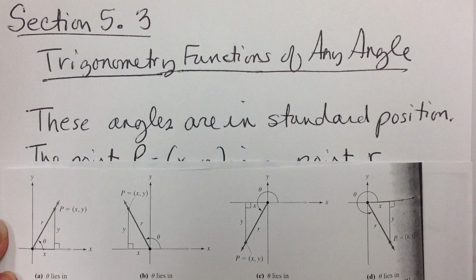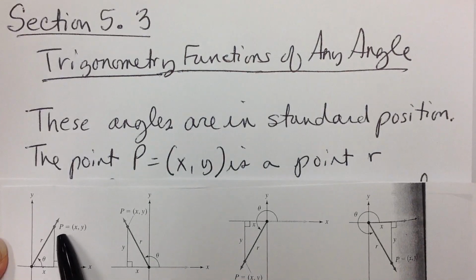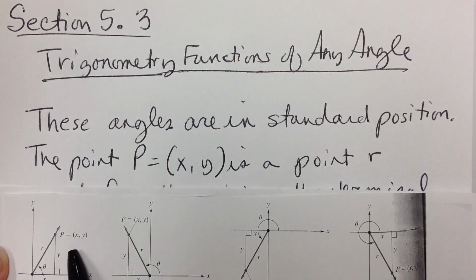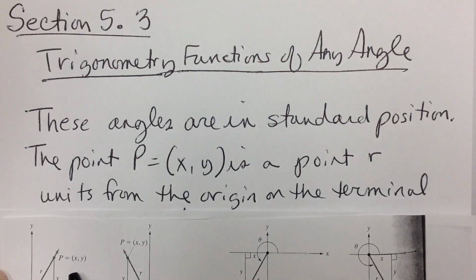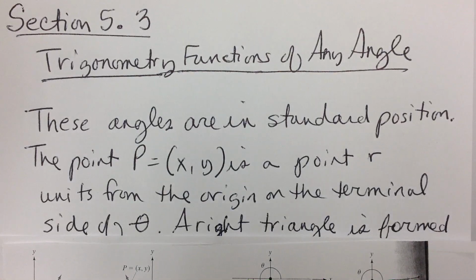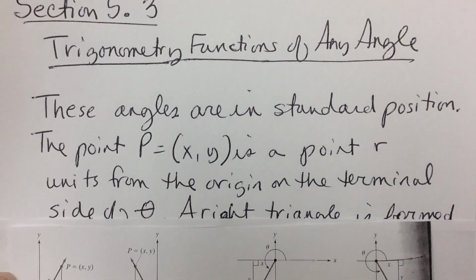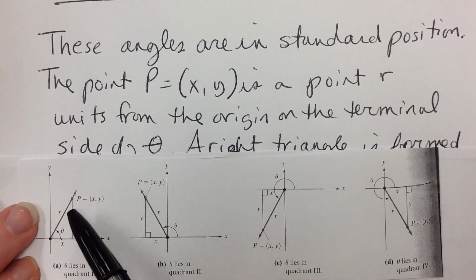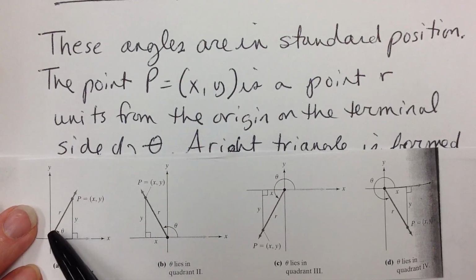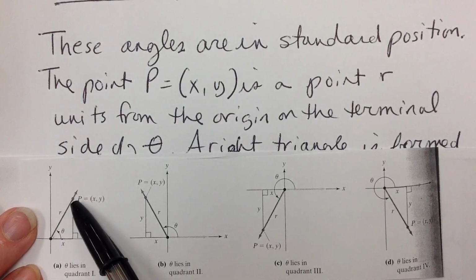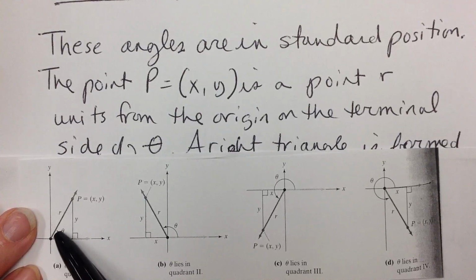Let's read about it. The point P, which is (x, y), is a point r units from the origin on the terminal side of theta. Here's angle theta.